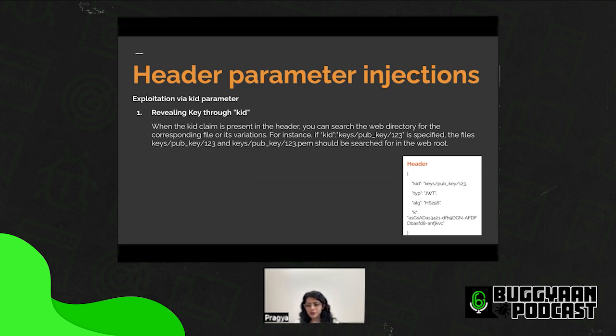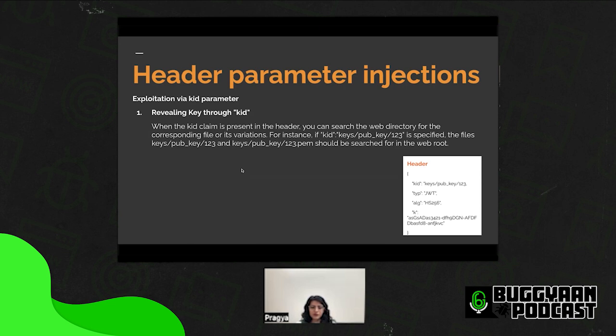This is pretty straightforward. You just look for this file in the web root, see if there is any file which looks like this, and you'll get the key, either by adding some extension like the PEM extension or directly searching for the file. If it is there, you will see it. That's what we call revealing the key through the KID parameter.